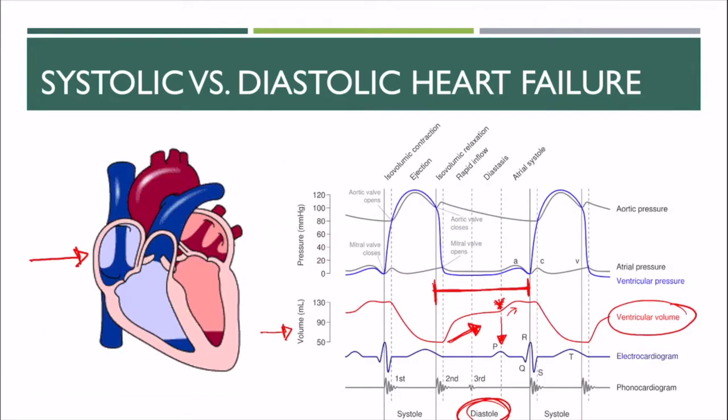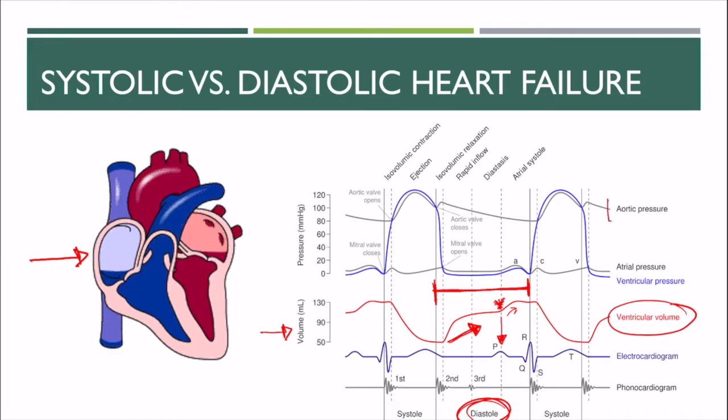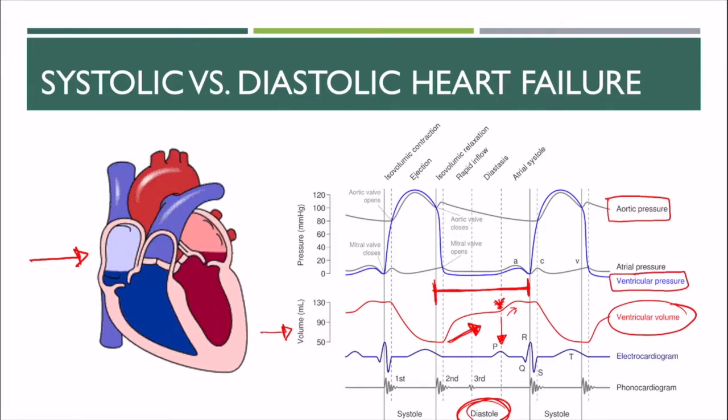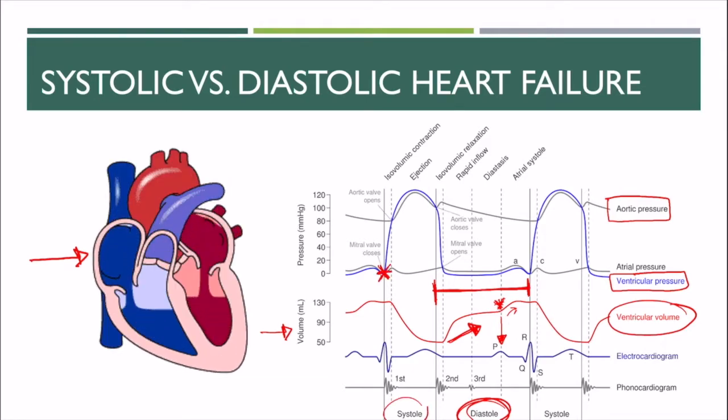So if we go back to the Wiggers diagram, you can see aortic pressure is here in gray, and ventricular pressure is here in blue. At the start of systole, kind of marked here with the star, the ventricle begins to contract.